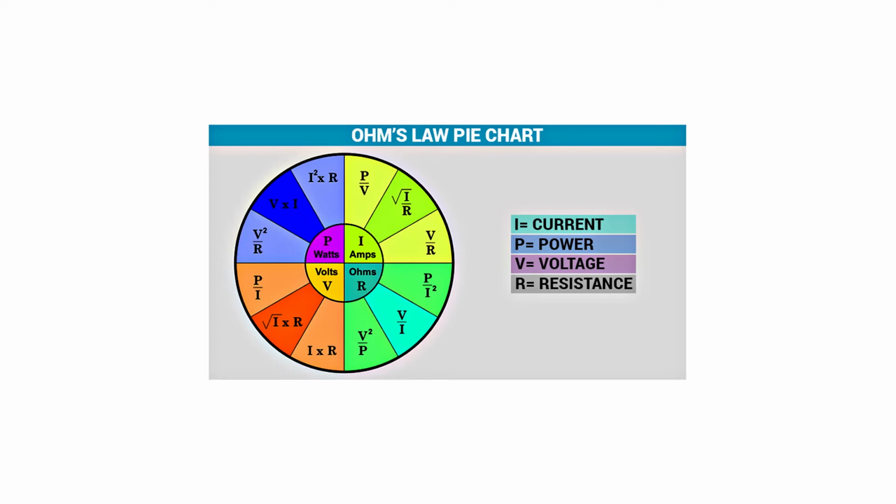If you're going to do much of this, which it really isn't necessary to do a lot of calculations in what we're going to do with automotive electricity, but if you're learning this for school or something like that, you may want to find that circle and print it out or save it on your computer somewhere where it's easy to refer to until you get it memorized.